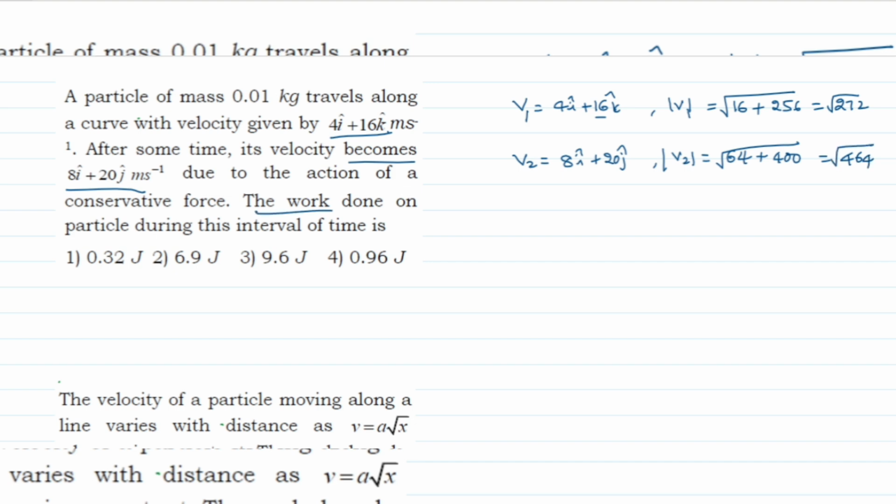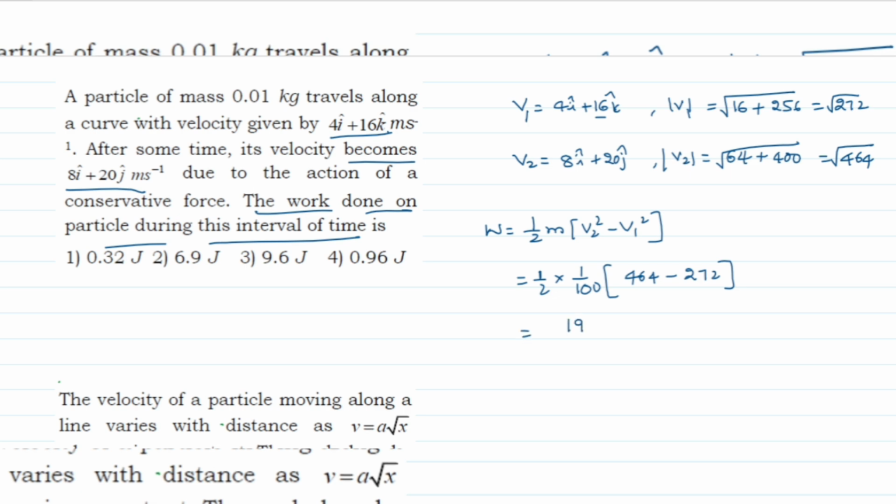Now we need to calculate the work done on the particle during this interval of time, they are asking. Work done is nothing but the change in kinetic energy, half m into v2 square minus v1 square, which is half into mass 0.01 kg, you just take it as 1 by 100, into v2 square, 464, minus 272.